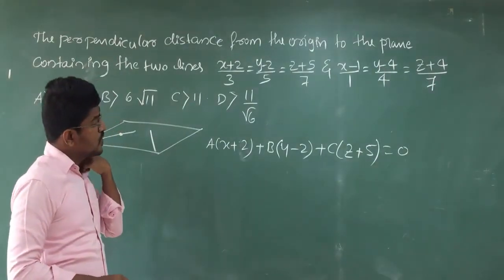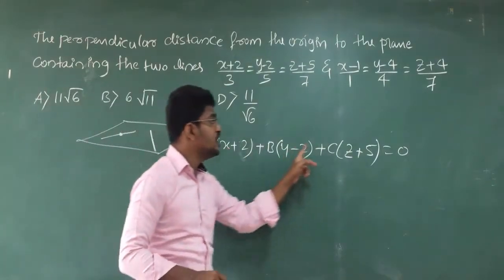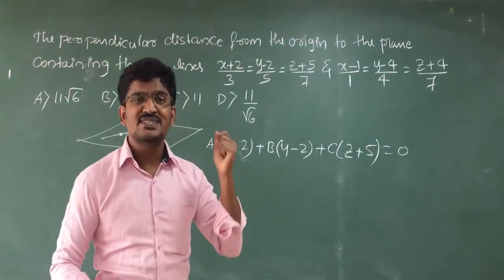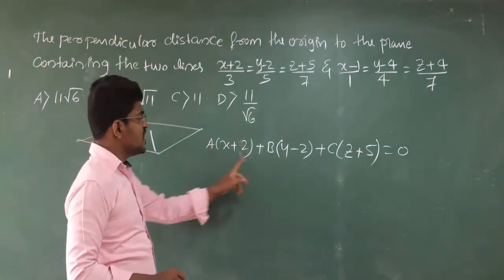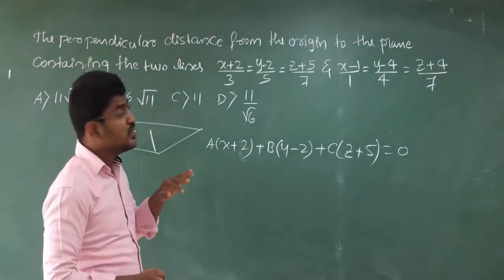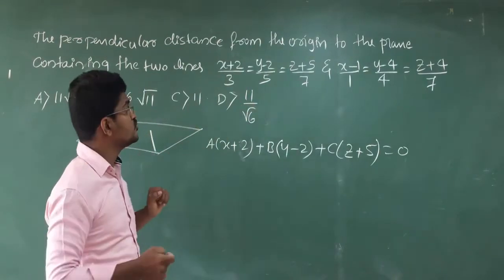Okay. So now by using this particular equation, we have to find the direction ratios A, B, C. To calculate the values of A, B, C, the direction ratios of the plane, I will use the direction ratios of the two lines. Clear? How to use the direction ratios of two lines?